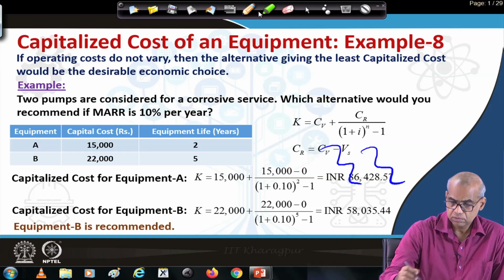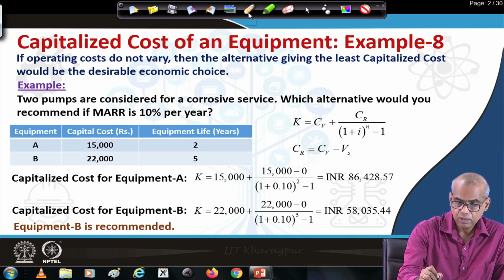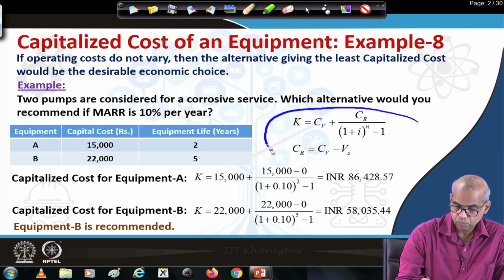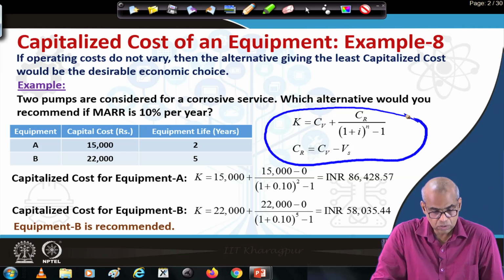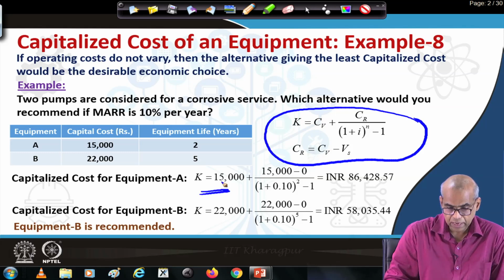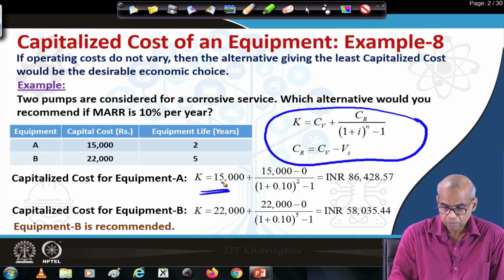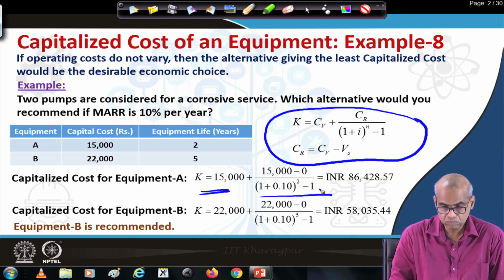So, find out the capitalized cost for equipment A and the capitalized cost for equipment B using the given formula. Note that the capitalized cost for equipment A will be the capital cost 15,000 plus the replacement cost, where the salvage value is 0.